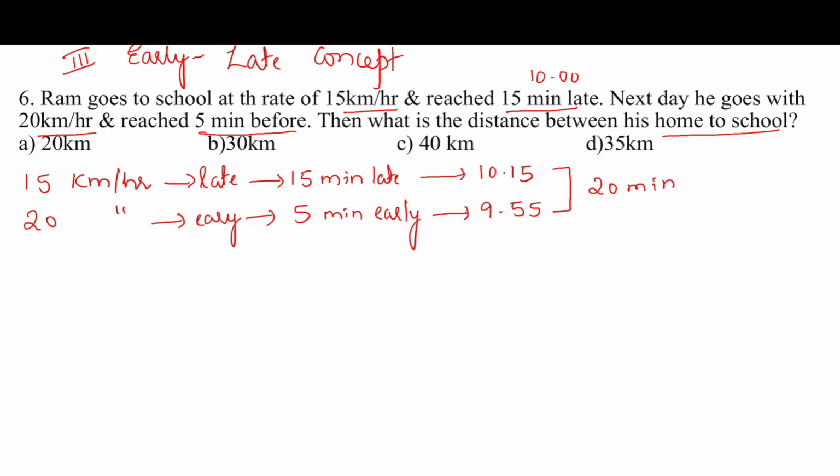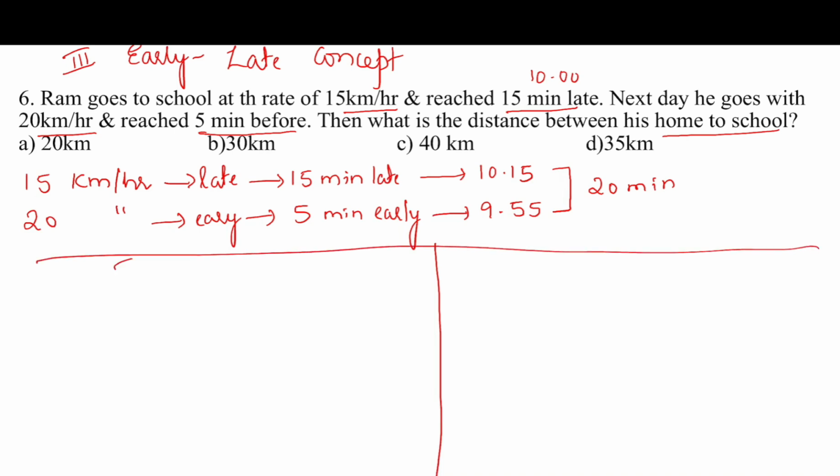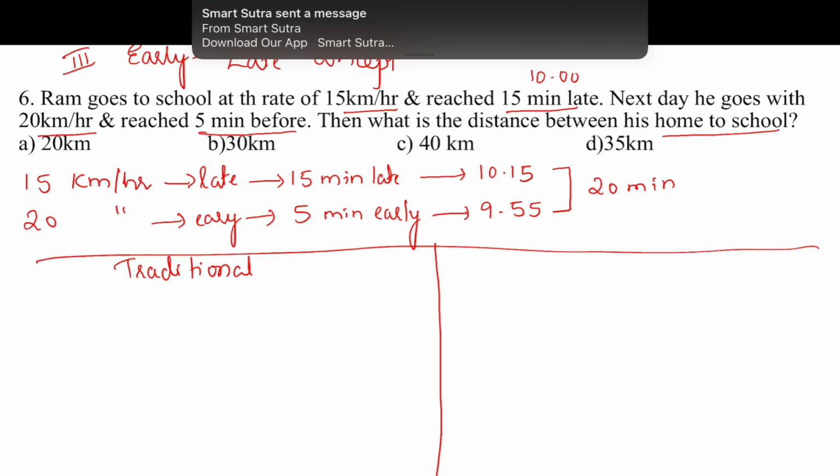Now this problem we will solve in two ways, traditional method and shortcut method. Okay, so first we'll see the traditional method. Now distance D is constant. Distance between home and school is constant, isn't it?